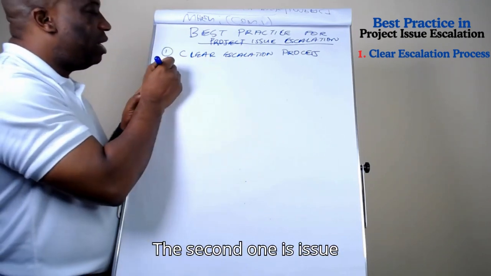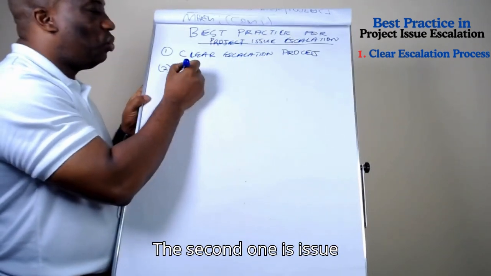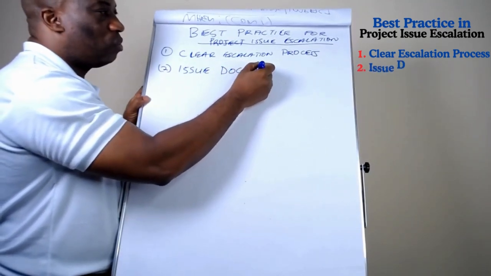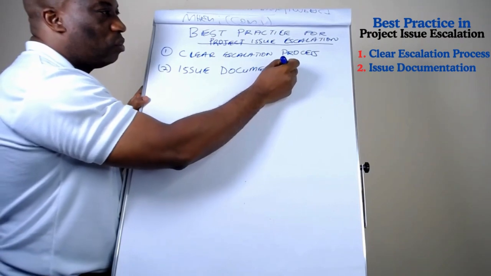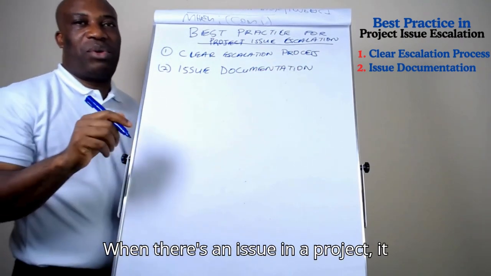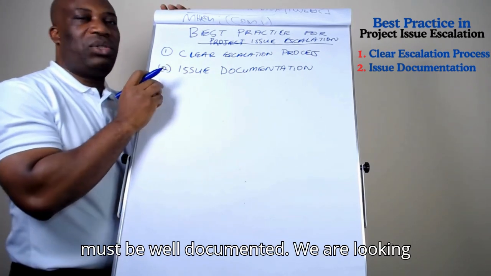The second one is issue documentation. When there's an issue in a project, it must be well documented.